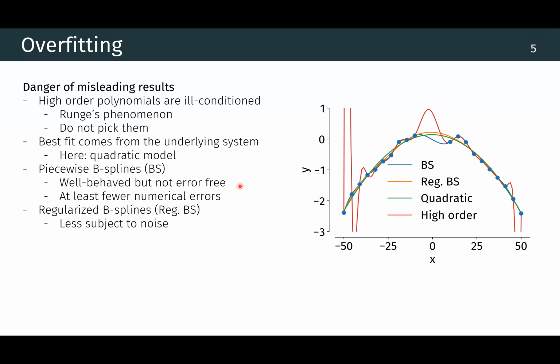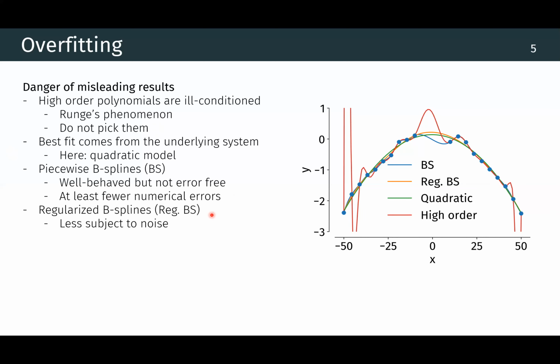The nice advantage of the B-splines over other methods is at least they have fewer numerical errors. So for example, if you compare the high order C-splines in here, that's the red curve, with B-splines in that case, they are more well behaved, but in the end, they're still prone to the individual noise. So if you can't trust all your data to arbitrary precision, then in practice, what you very likely want are either regularized B-splines or C-splines, and the regularization is more reliable in the context of B-splines.